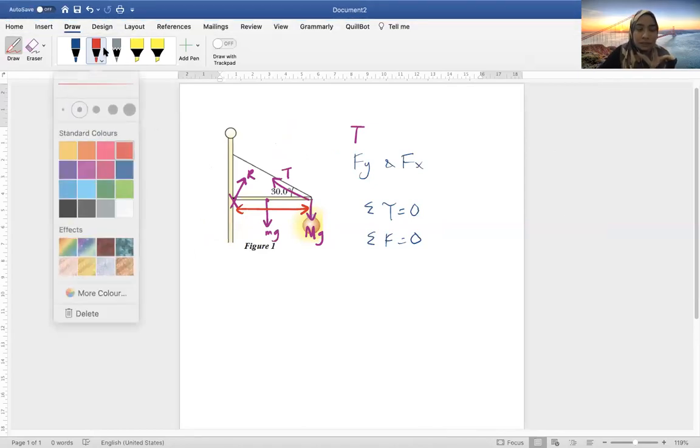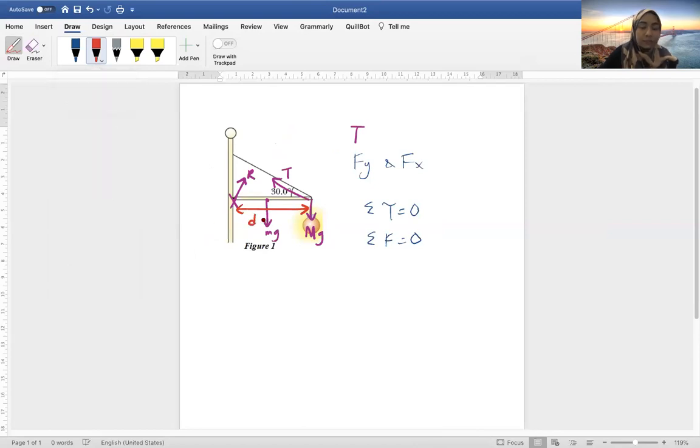Okay, so this guy is D, because the length of the beam is not given. So I'm just going to say the length of the beam is D. Now the easiest one for me to do is torque, because R goes through the axis of rotation, so I can just eliminate that. I'm going to do my torque equation first. The condition is torque equals 0.